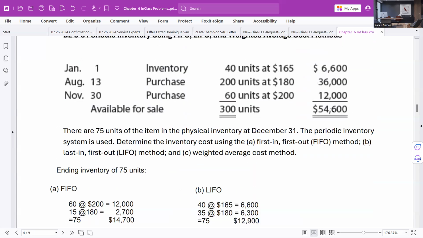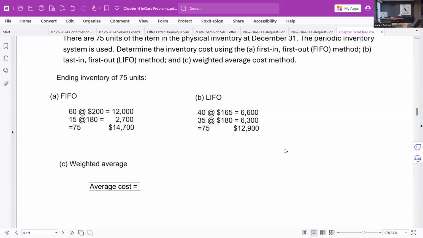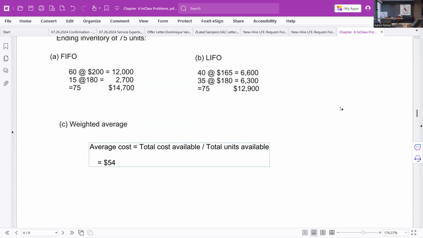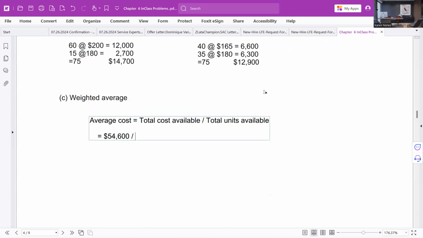The total cost of the inventory is 54,600, divided by the total units, the 300 units available.